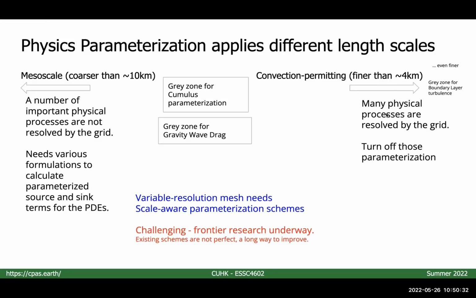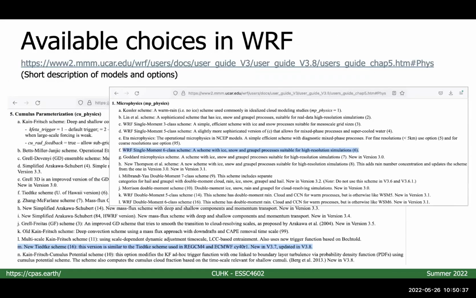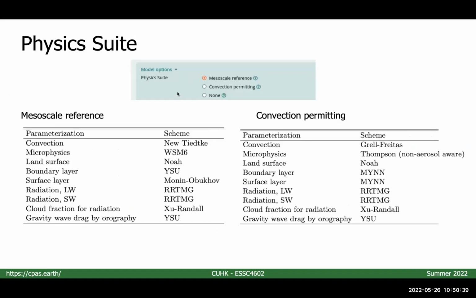So to ease user to choose parameterization scheme, CPAS itself already defined the concept of suites. So it has a collection of some default choice of scheme, which is good for this length scale for you. So it has chosen convection to use this scheme, microphysics to use this scheme, and so on and so forth.